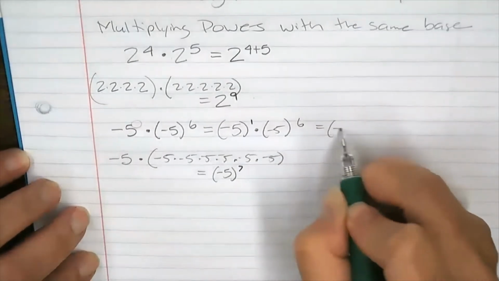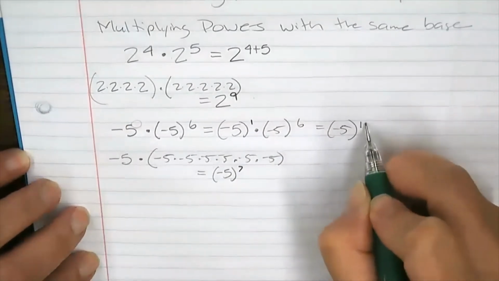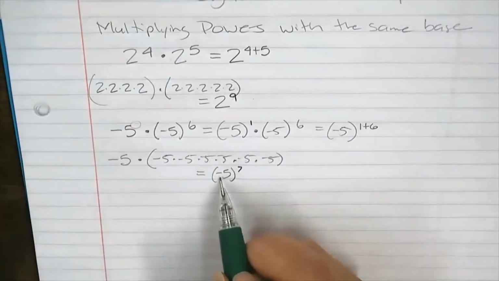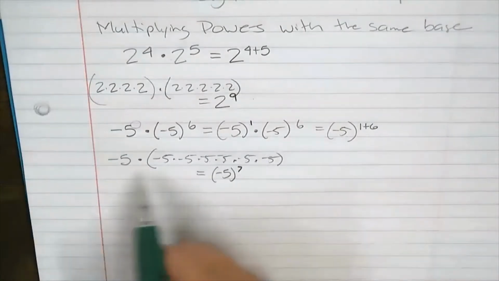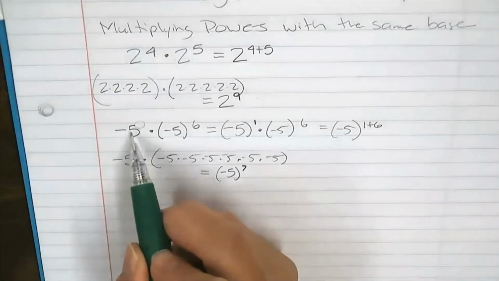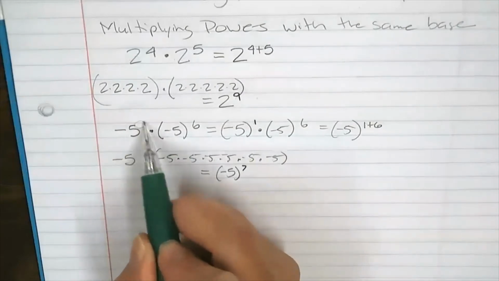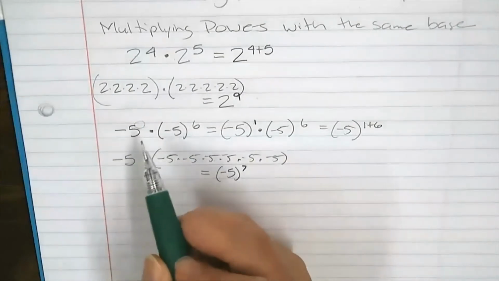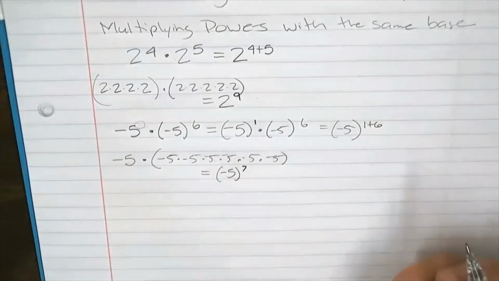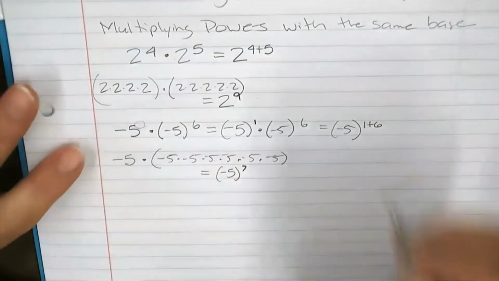So that is -5 to the 1st plus 6. And that's what gets us -5 to the 7th power, like we've shown here. So whenever you have a number and there's no exponent to it, it's there, it's just an invisible 1. Okay?